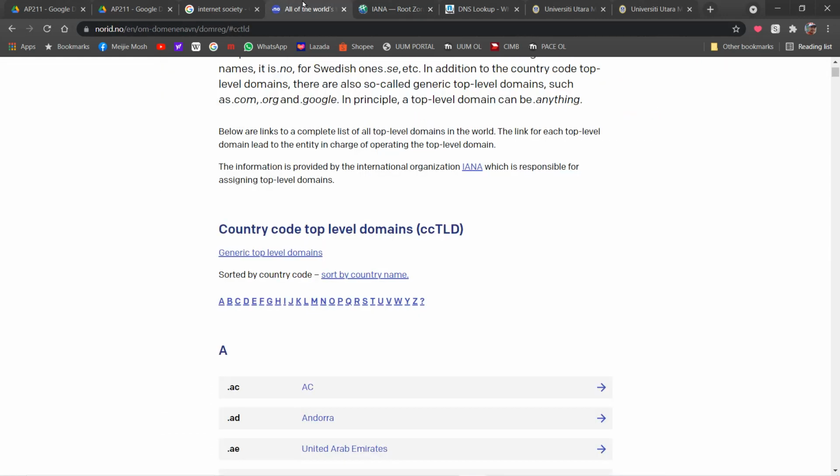Over here we can see the country code top level domains in the world.